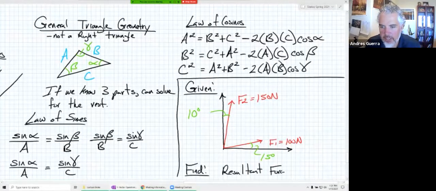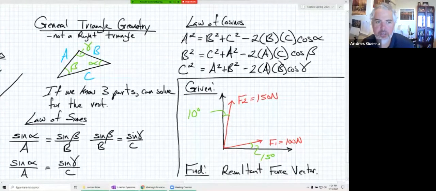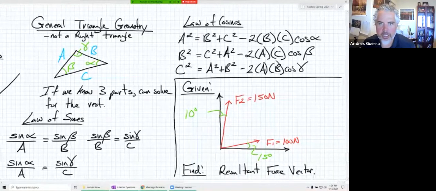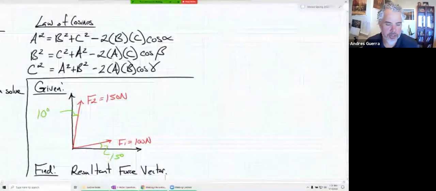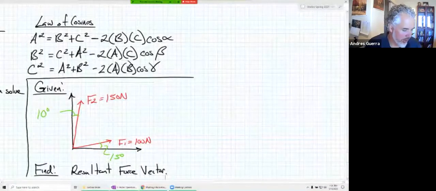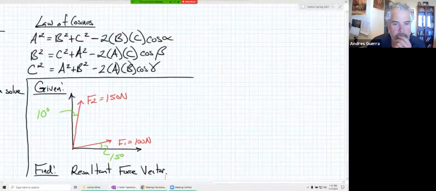If it's a vector, that just means that it has magnitude and also direction, or orientation, however we want to call it. I call it orientation when I wrote the features of a vector, but we can also call it the direction. So we're asked to find the resultant force vector.